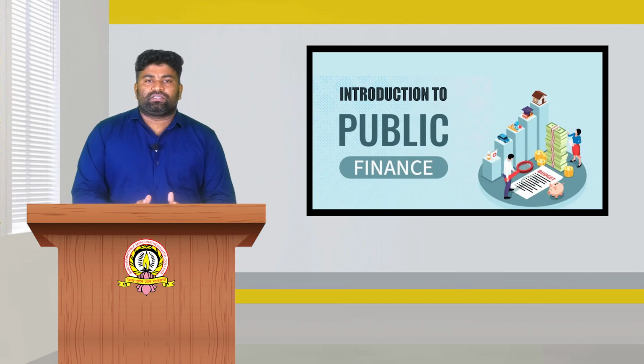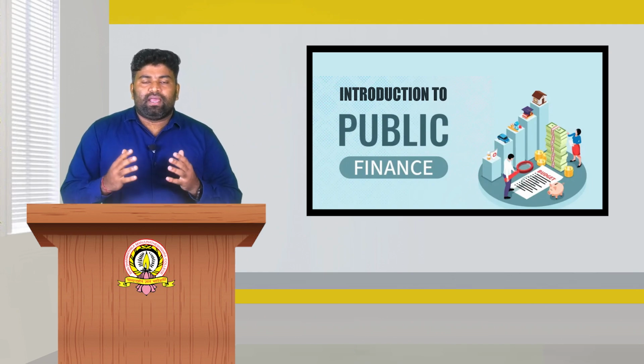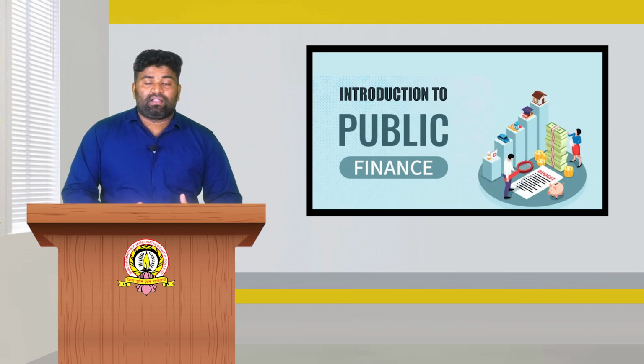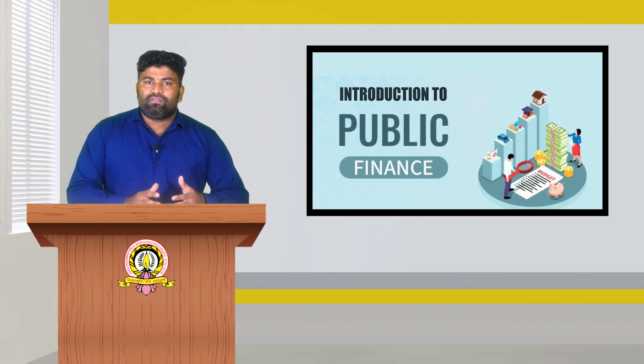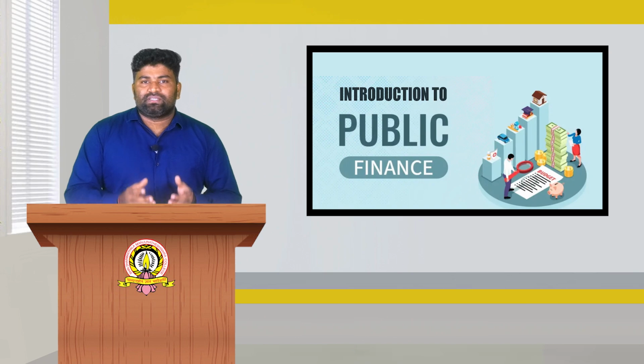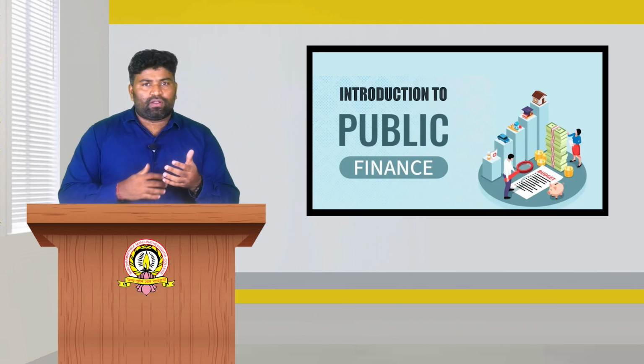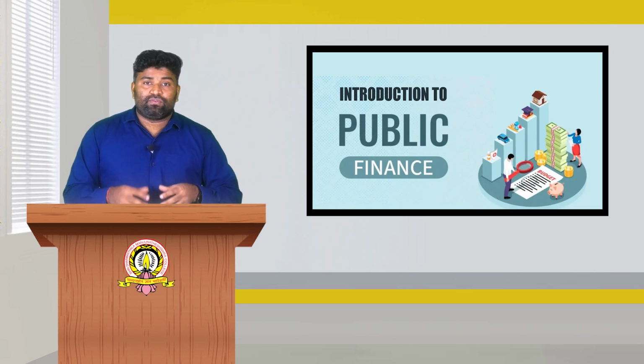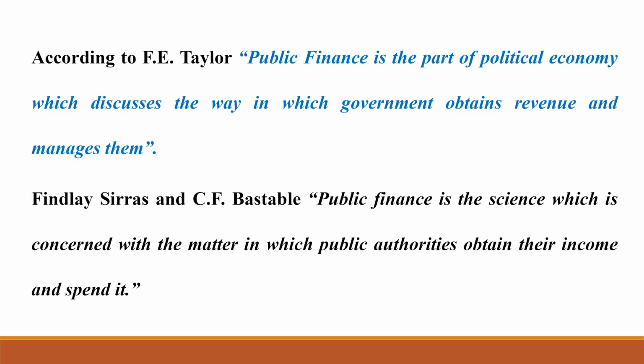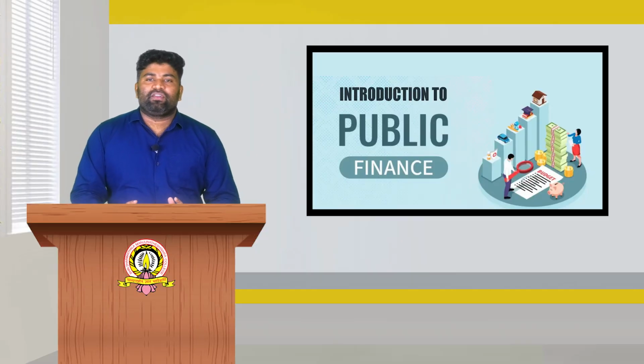All these sources are able to raise government funds at a sufficient level, and how that sufficient amount of fund raised by the government is used for different purposes, this is what we have to understand out of this definition. And if you go to the next definition, it is Findlay Shirras and Bastable. They say that public finance is the science which is concerned with the matter in which public authorities obtain their income and spend it.